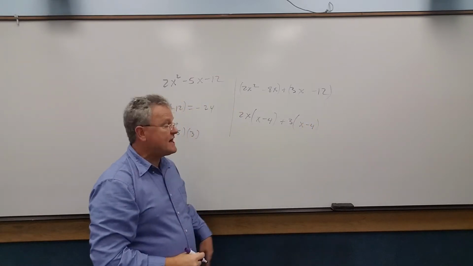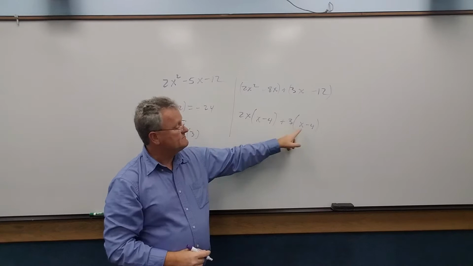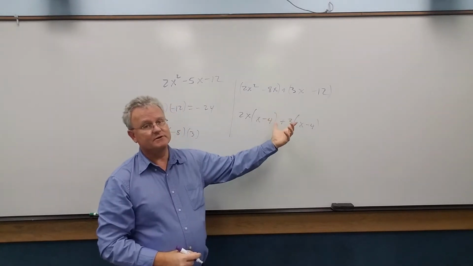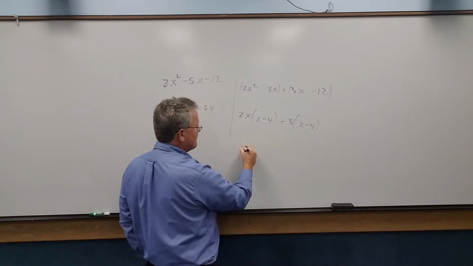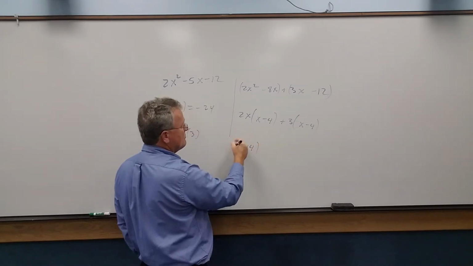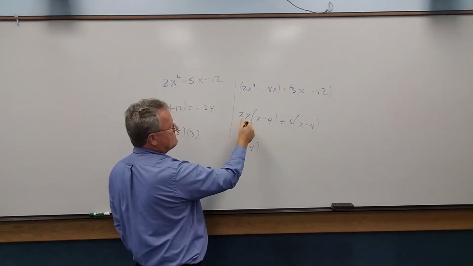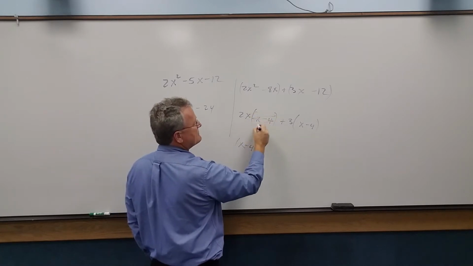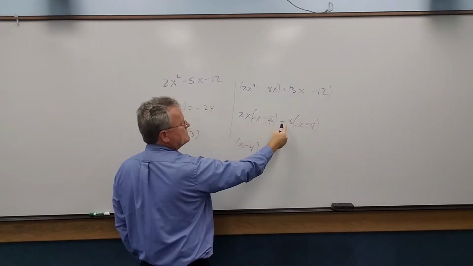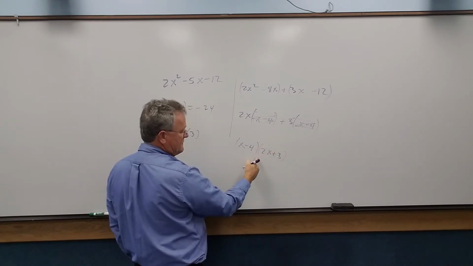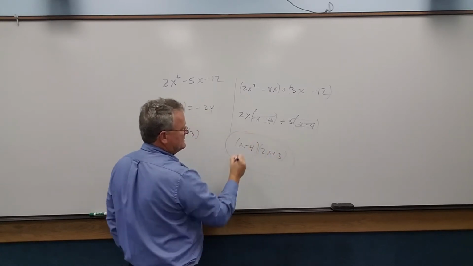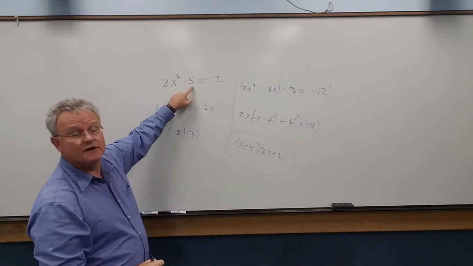And at this step, these better always be the same. If they're not, then you made a mistake somewhere. Now there's an x minus 4 that I can factor out of both of these terms. What am I left with after I factor that out? I'm left with 2x plus 3. So this is the factored form of this.